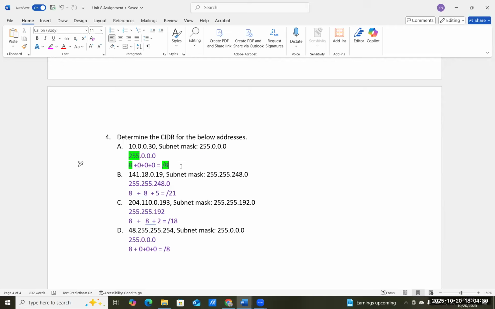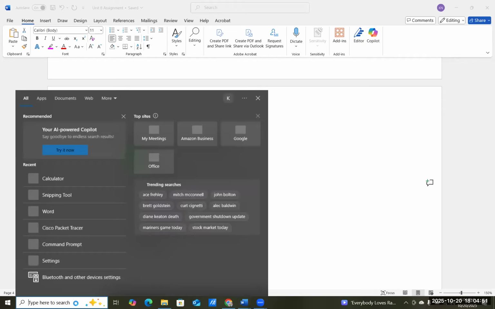And then for the next IP, 141.18.0.19, I look at my subnet mask. I have 255, that's 8, right? Another 255, that's another 8, so 16. And then you can take your programmer calculator.